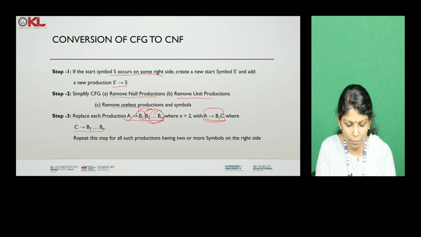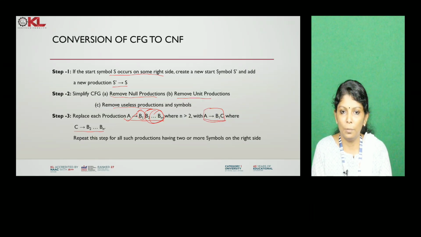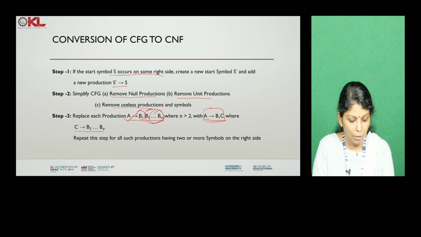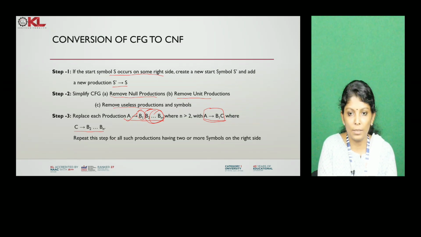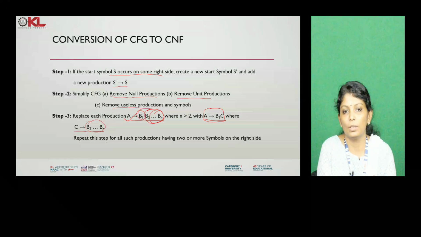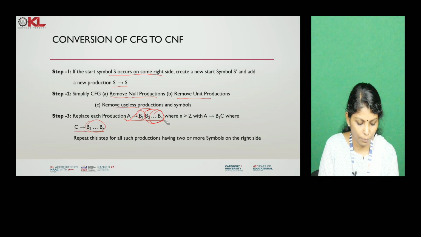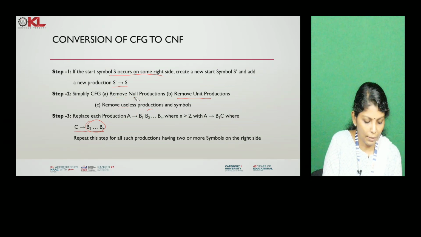That means we have 2 variables on the right hand side, B1 and C. B1 is the existing variable and C is the new variable that we are adding. Then we have to repeat this step for all the productions where we have more than 2 variables on the right hand side. That is the third step.